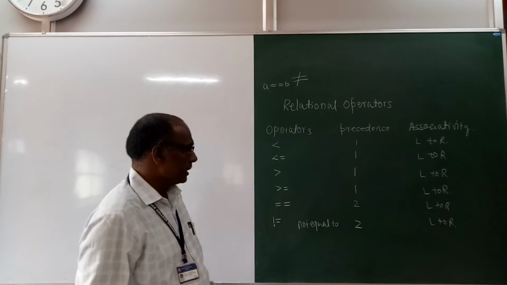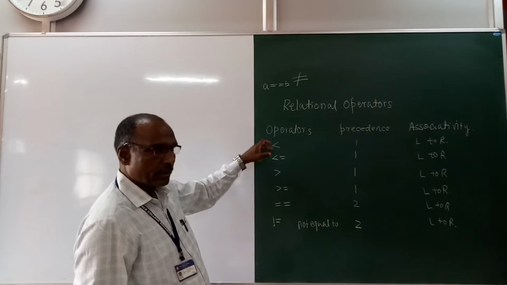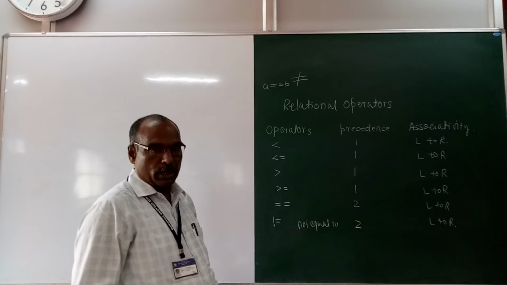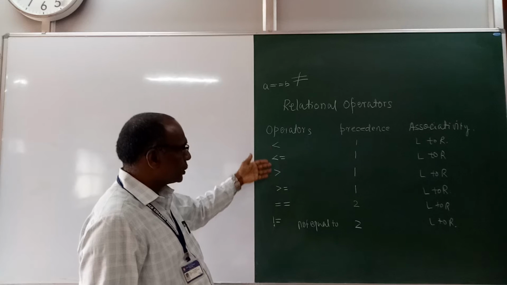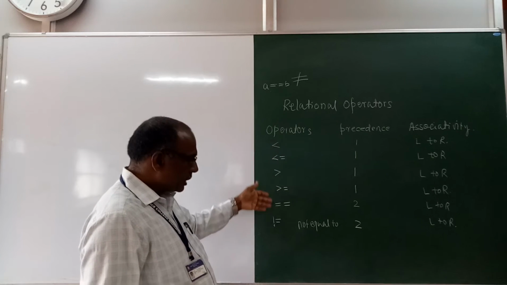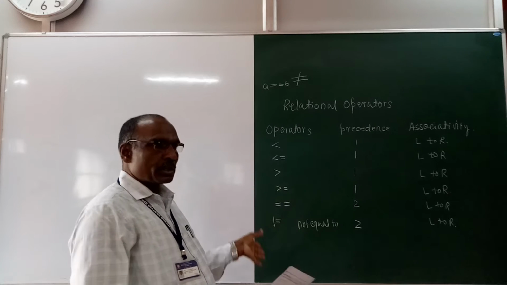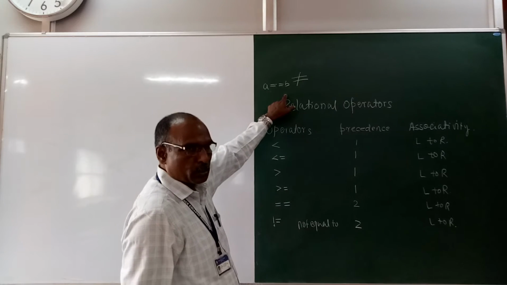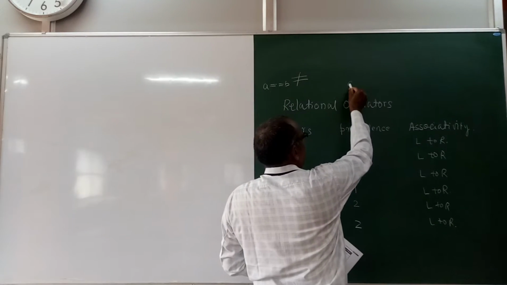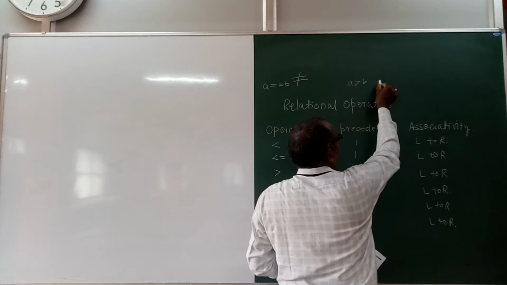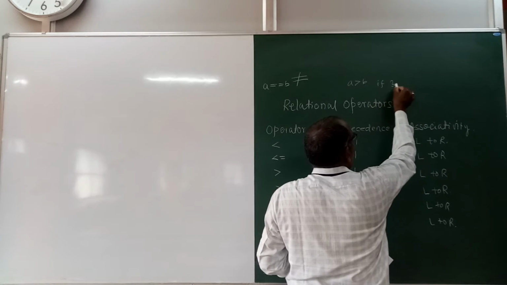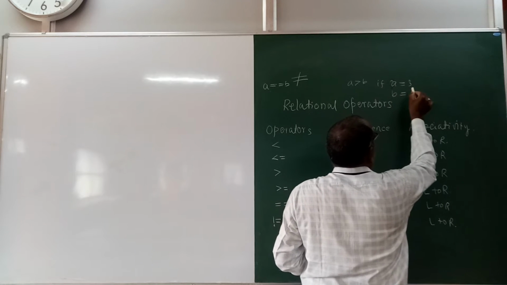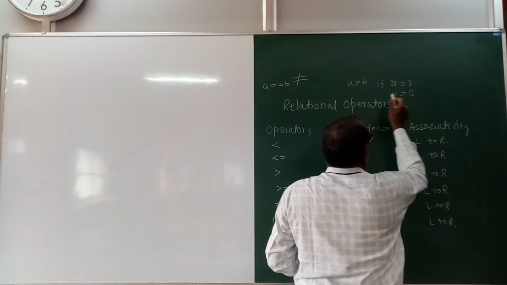So there are 4 operators that have the first priority in an expression called a relational expression. In C language, if there is a relational expression of these operators using constants or variables, I can write A greater than B. If A is 3 and B is, say, 2, this is true.